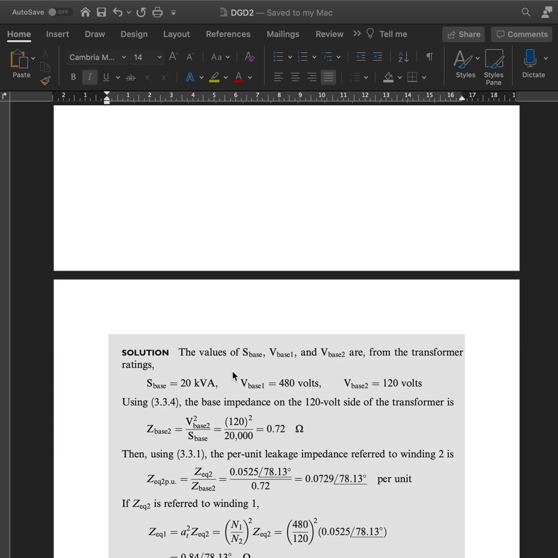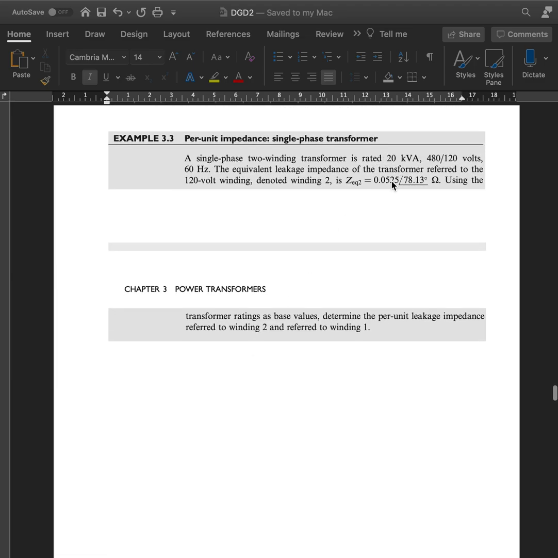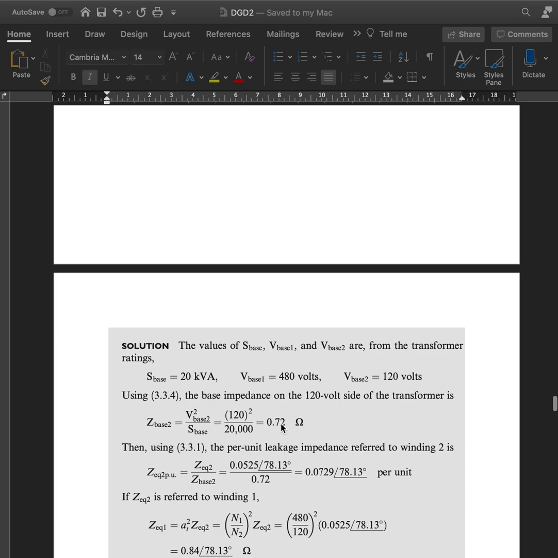Then for the per unit impedance referred to winding 2, Z equivalent 2 per unit would be Z equivalent 2 divided by Z base 2. Z equivalent 2 is given to you in the equation here, which will be divided by 0.72, which we just found from the base values. Hence, we get 7.813 per unit.